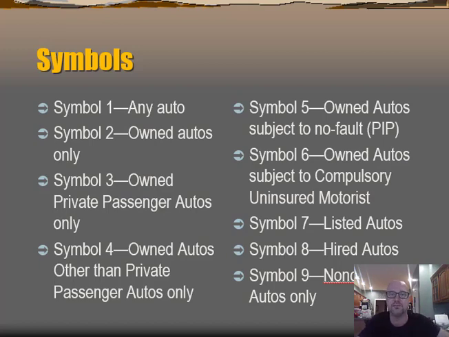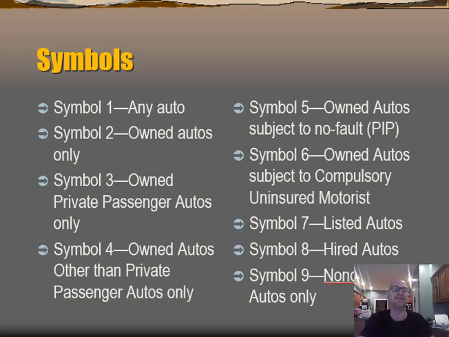No problem. Let's add symbol 9 to that. So you could have 2 and 9. I suppose there could be a business out there that all they do is symbol 8 or symbol 9. When we drive, it's only rented vehicles. It's only borrowed vehicles. That could be non-owned autos is maybe all you do. If that's the case, we got a way to cover it. You see how this works.